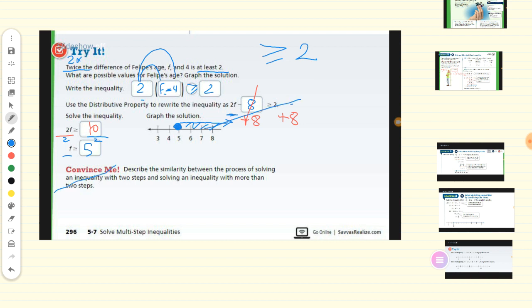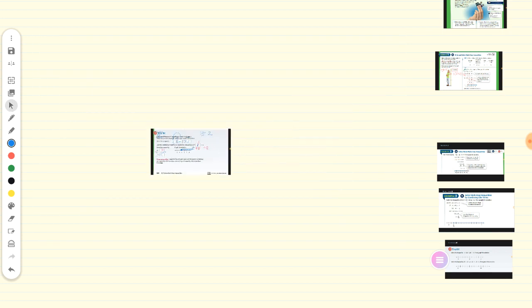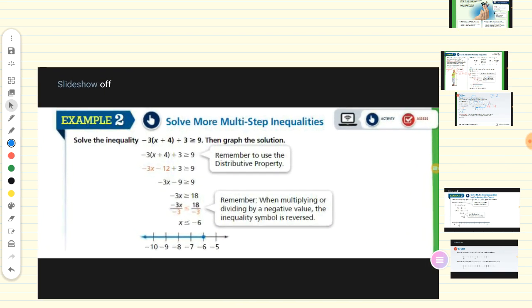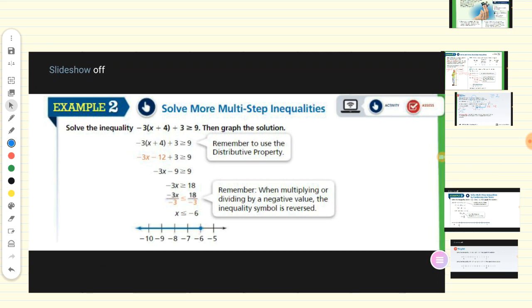Okay? Again, another question. Solve another exercise. It's about the negative number. And we will use our special note here, I think so. So, multiply using the distribution property. It will be 3x minus 12 plus 3 greater than or equal to 9. Collect like terms here, negative 12 and 3, it will be negative 9.